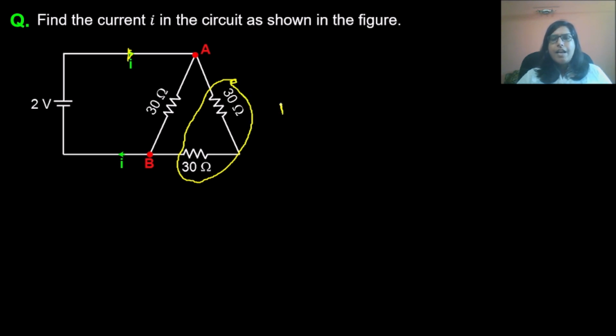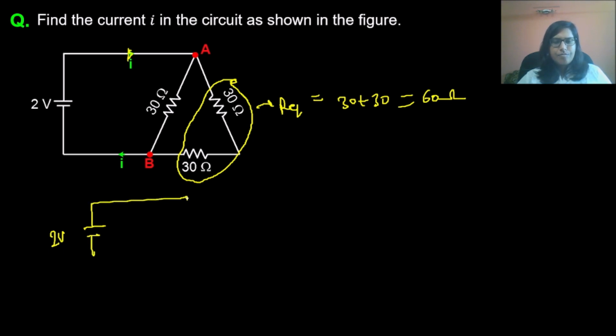So R equivalent of these two will be 30 plus 30 ohms, that means 60 ohm. So now we can redraw this circuit like this. This is 30 ohm and this is 60 ohm.